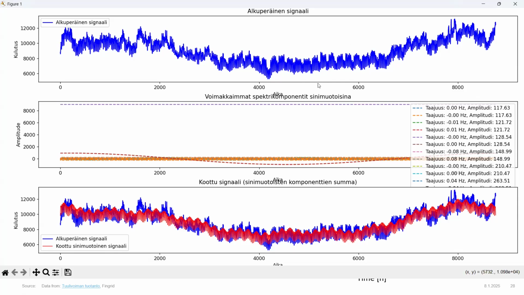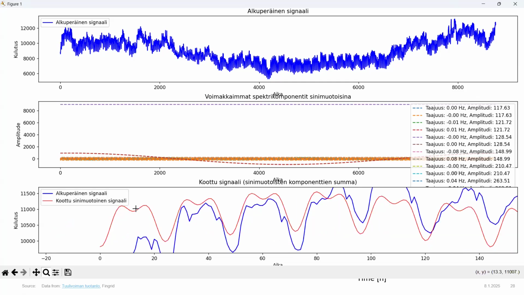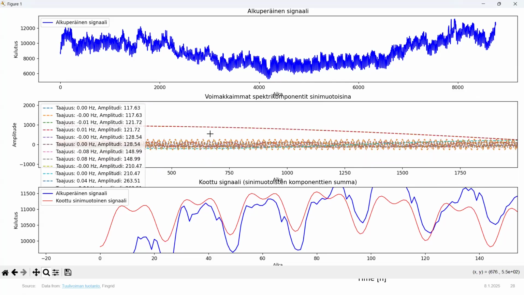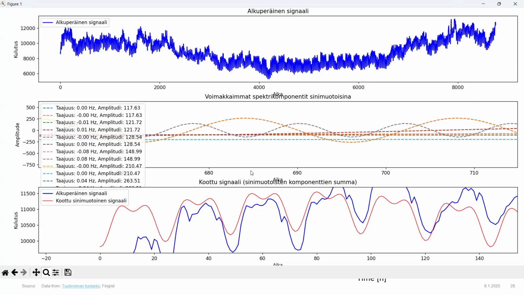And you can see that it gathers up this signal, or the sine waves rather, in here. And you can see that there's a weekly change, there's a daily change, and then even during the day, it finds that there are 2 spikes in the data. And from here, you can see the sine waves that it's trying to gather up together.